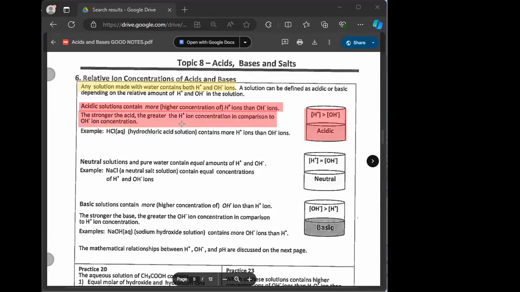Or I'm sorry, the greater the H concentration, I meant. Now neutral substances have equal amounts of hydrogen and OH.